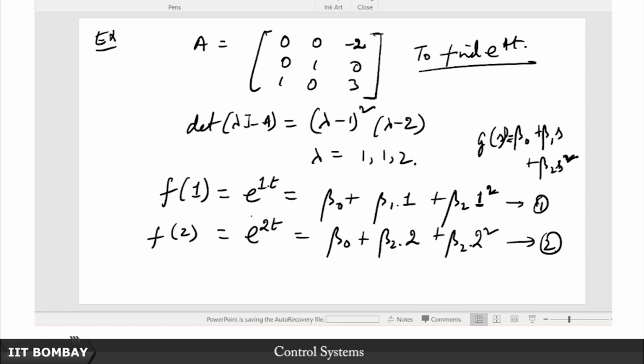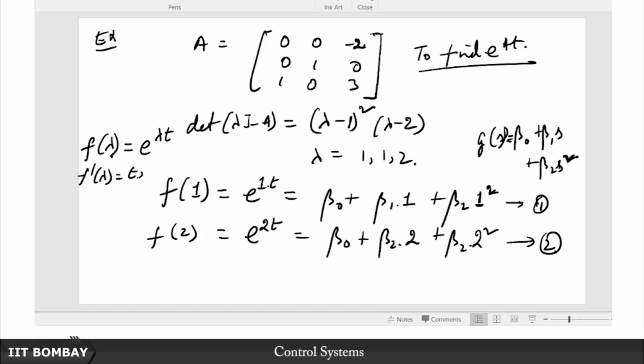Essentially I take the first equation, which is due to lambda equal to 1, and I differentiate it with respect to lambda. So f of lambda is equal to e to the lambda t. What is f dashed of lambda?